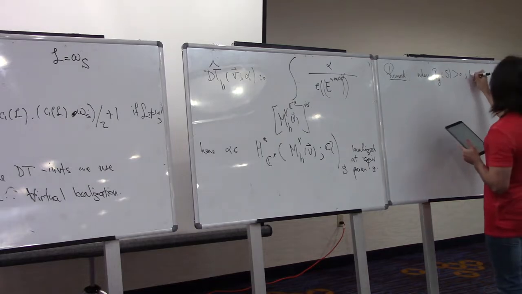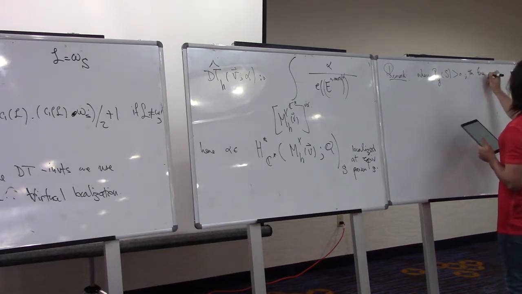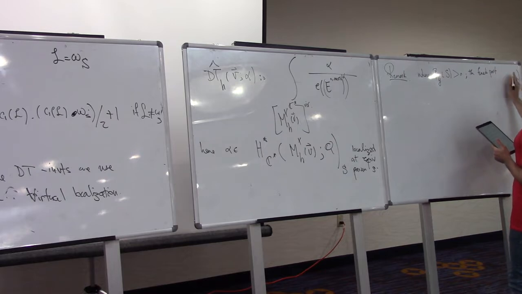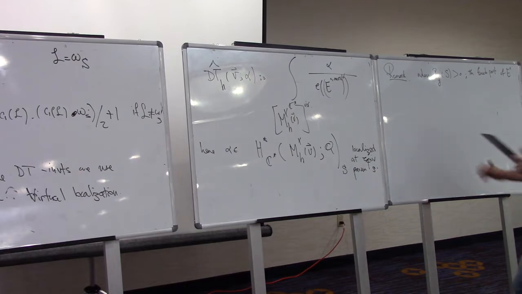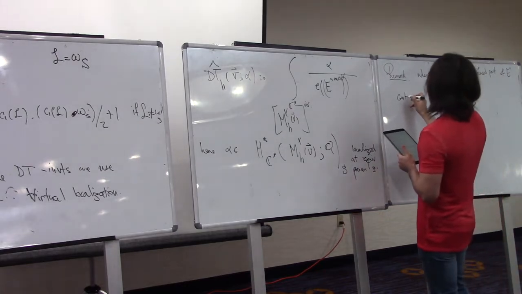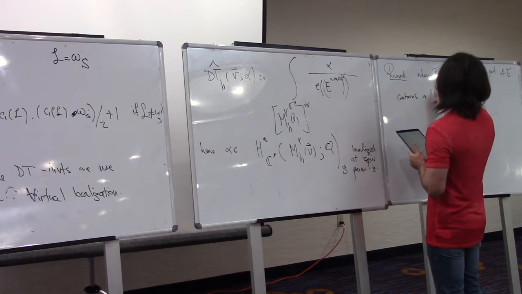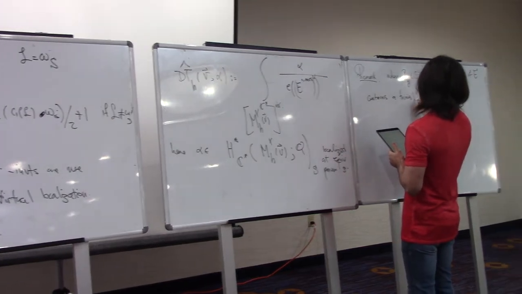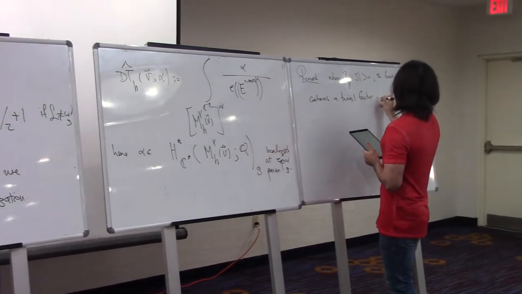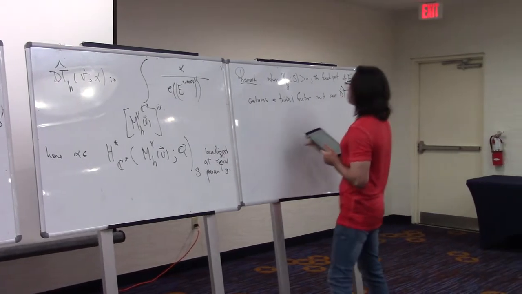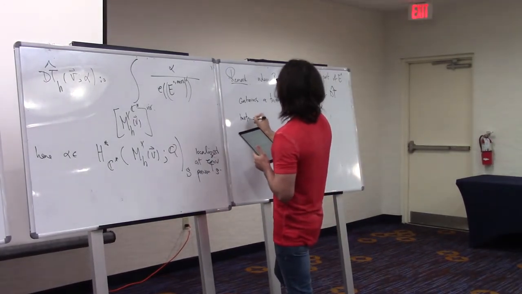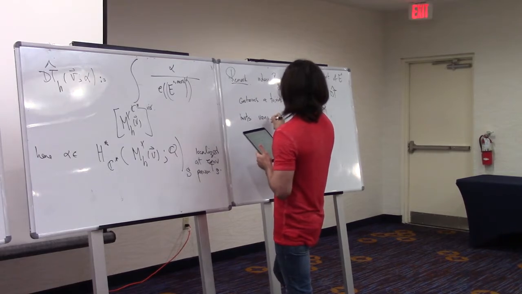So the fixed part of this object in the derived category, E dot, contains a trivial factor. And our DT hat invariants vanish.